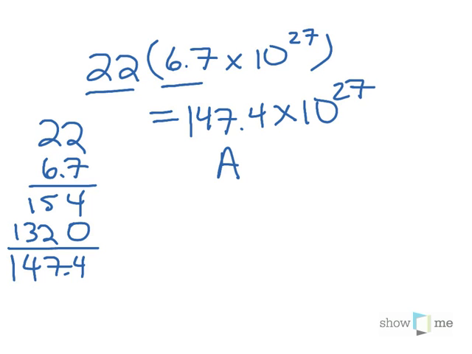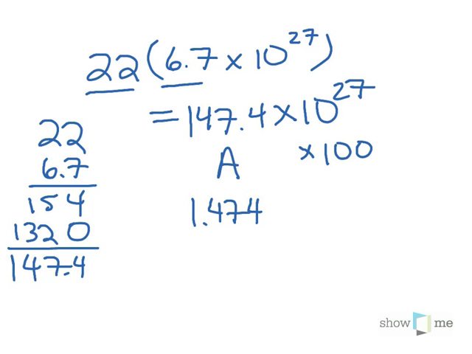The way to fix it is to move the decimal point so that it's between 1 and 4. So we should not have 147.4, we should have 1.474. What did we do when we did that? Well, we made the number A 100 times smaller. To balance that, then, we have to make the power of 10 100 times bigger.